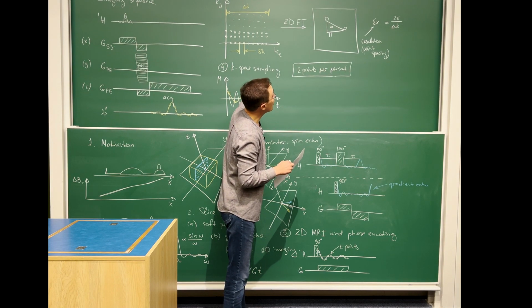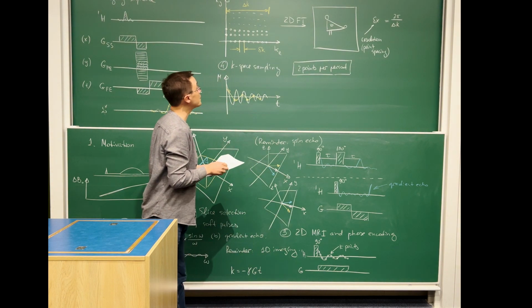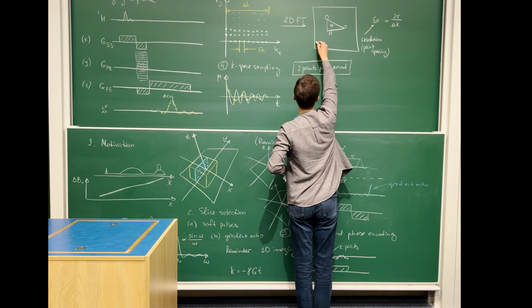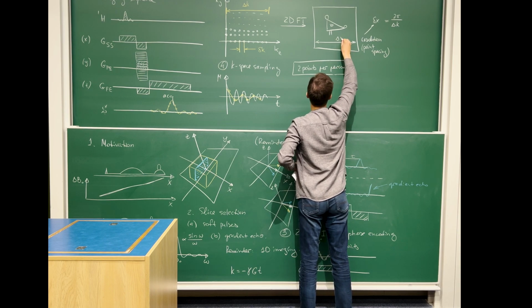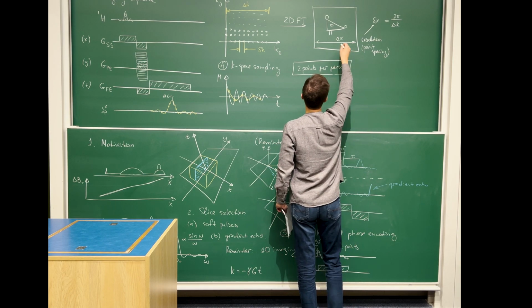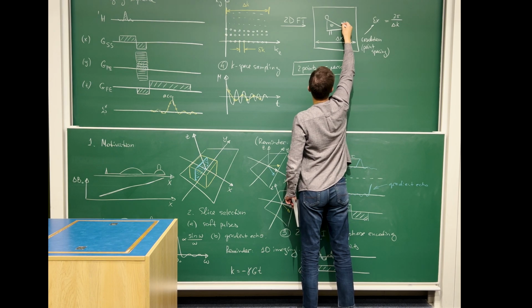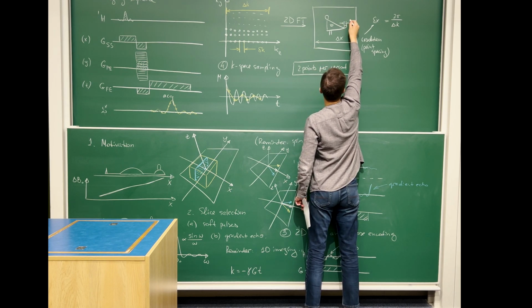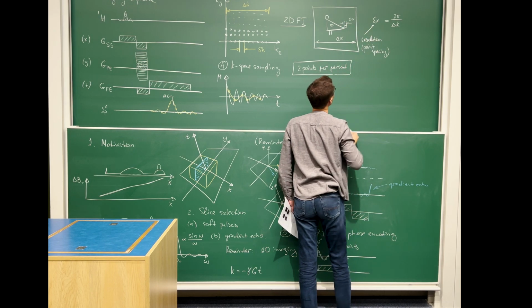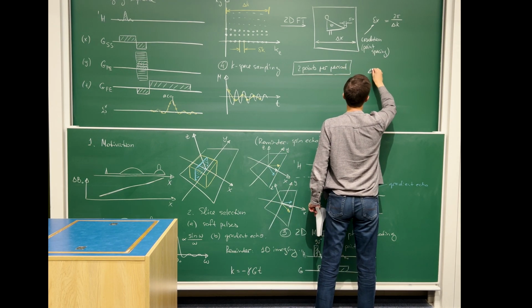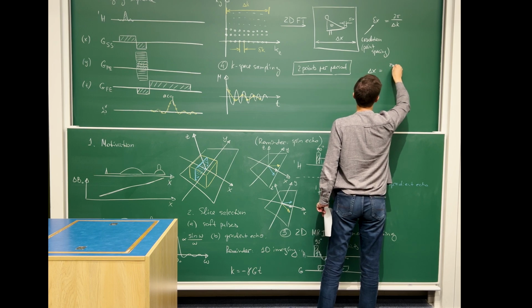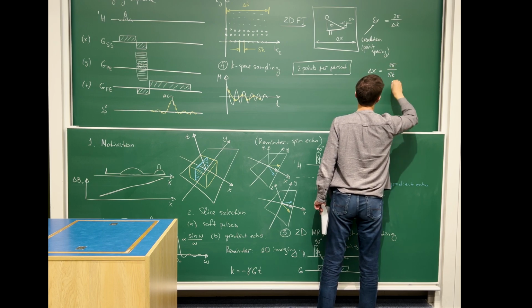Then, of course, we also have the extent of the image, right? So this here is the extent of the image, and the minimum resolution here is delta x. So likewise, reciprocally, the size of the image is 2 pi over delta k.